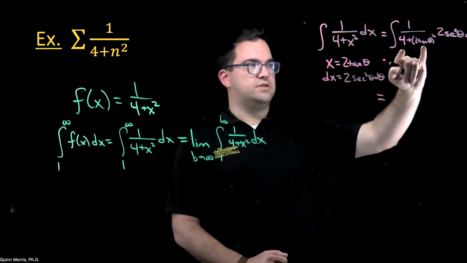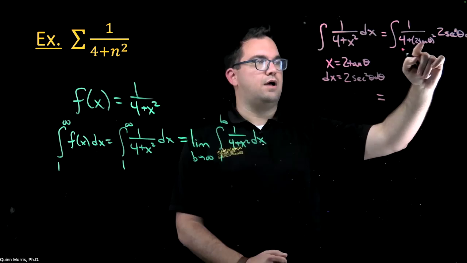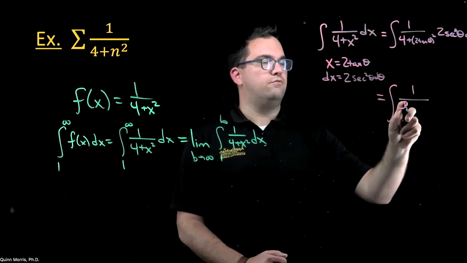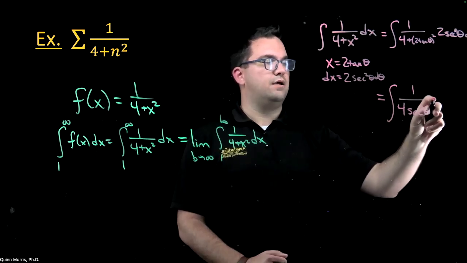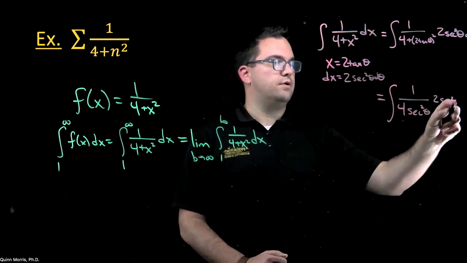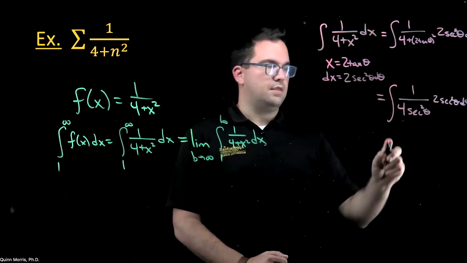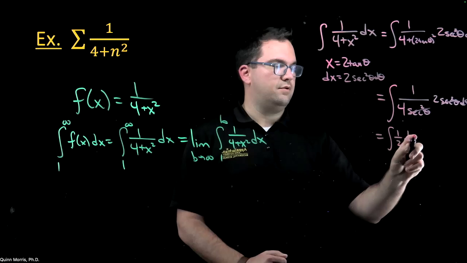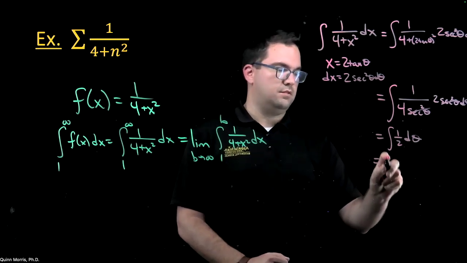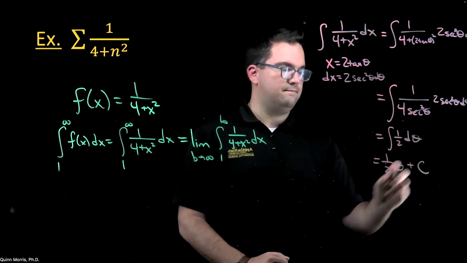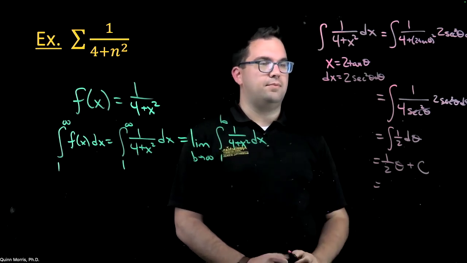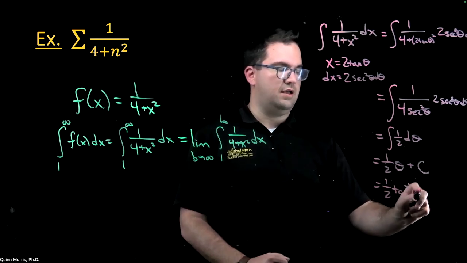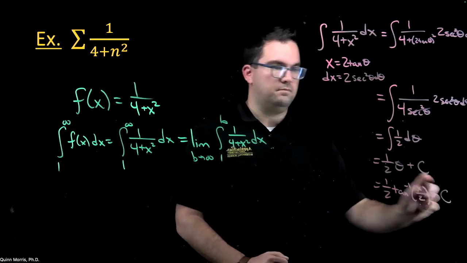When I plug this in, I'll get a 4 tangent squared theta, which gives me 1 over 4 secant squared theta, times 2 secant squared theta d theta. All of this simplifies to the integral of 1/2 d theta, which is 1/2 theta plus c. But if I look back up here, I can solve for theta. Theta is tangent inverse of x over 2, plus c.